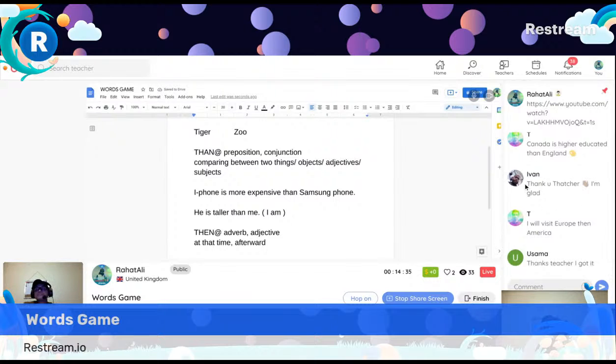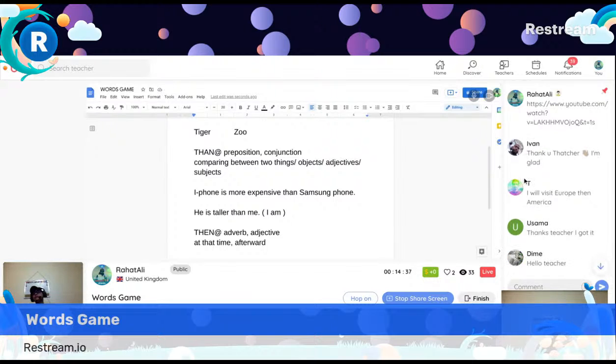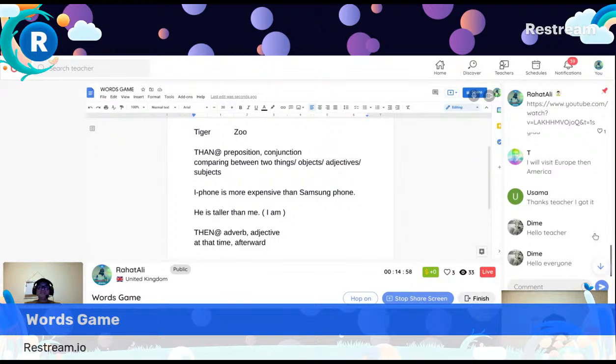All right, guys. So once again, everyone, if you have any questions about vocab or grammar, I'll be happy to answer you. But today, our main concept is to connect these two words and make sensible, logical, meaningful sentences. Remember that the more you practice, the more expert and confident you'll be. Hello, Dime, welcome.